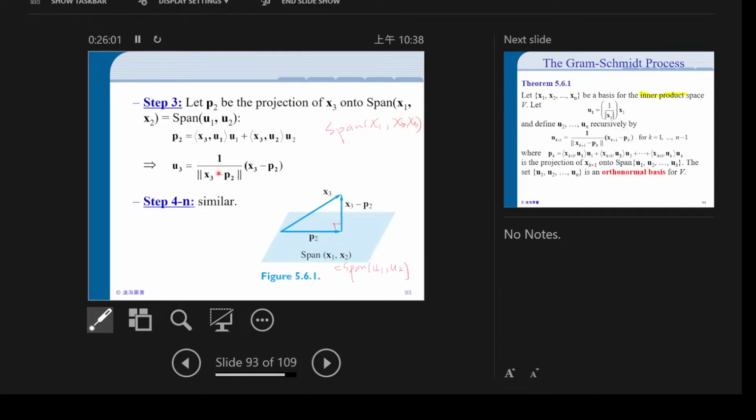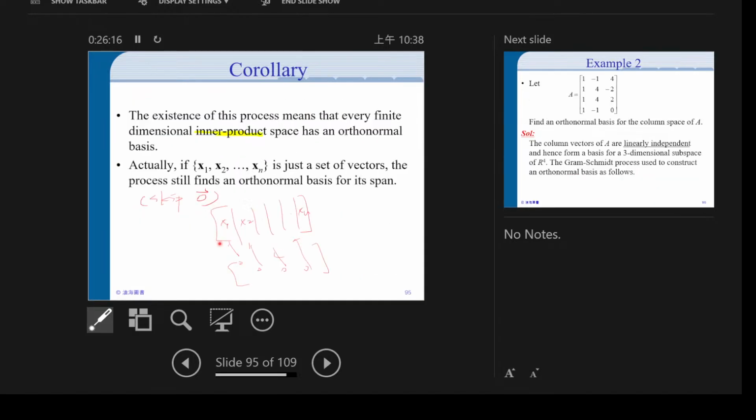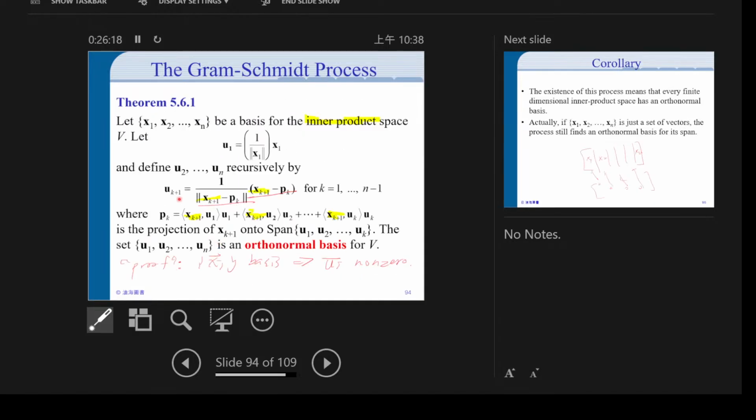Say for example, if your x1 is a zero vector, then you just skip u1 and start with your x2, the next vector, and try to normalize it. Because your vectors are not linearly independent anymore, sometimes at u(k+1) you will have this difference be 0.